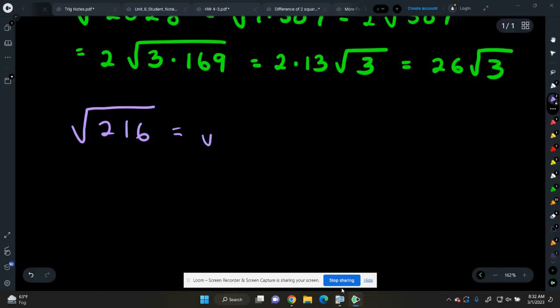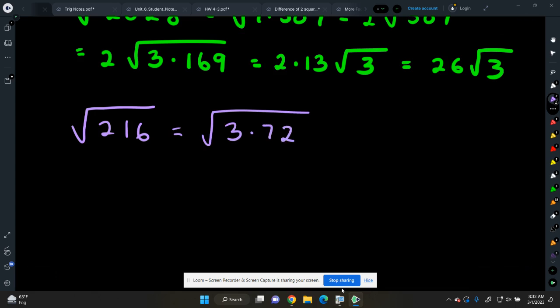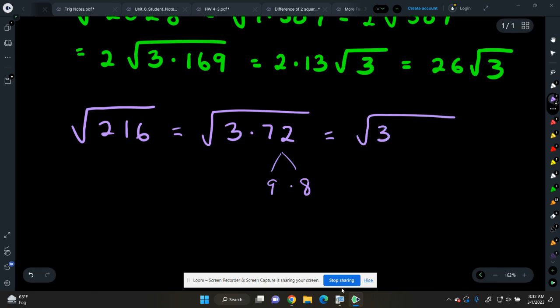So this is the square root of 3 times 72. Neither one of those is a perfect square yet. So how about 72? That's 9 times 8. So we've got the square root of 3 times 9 times 8. Do we know the square root of any of those numbers? The 9, so we'll take that out.